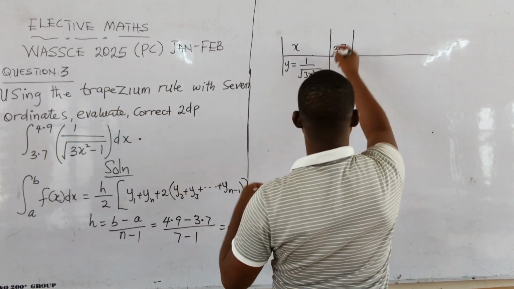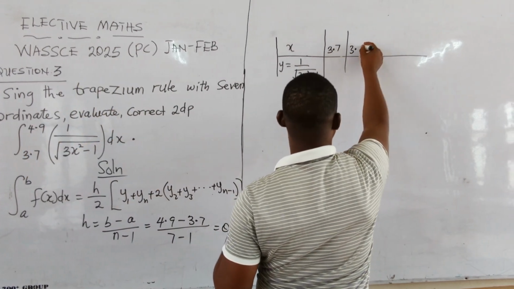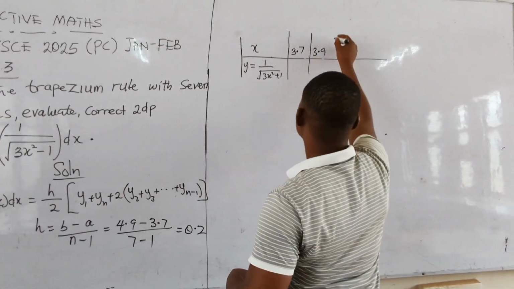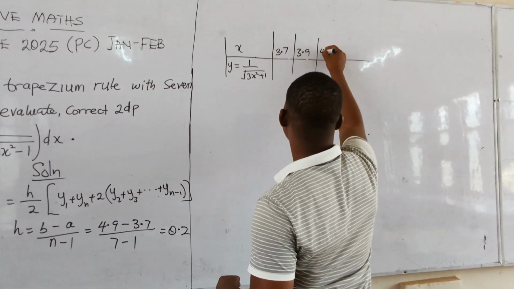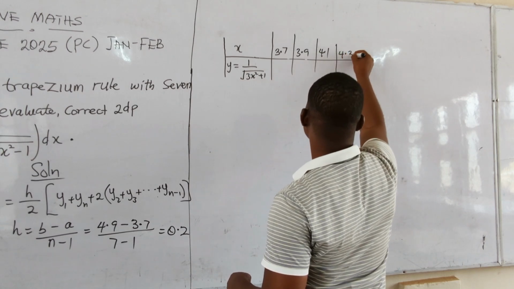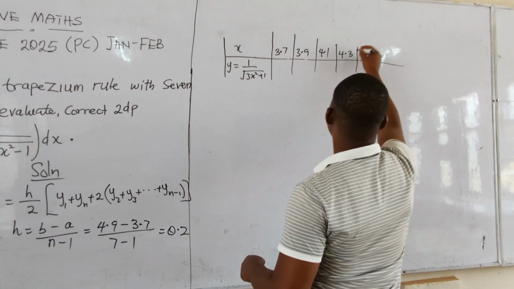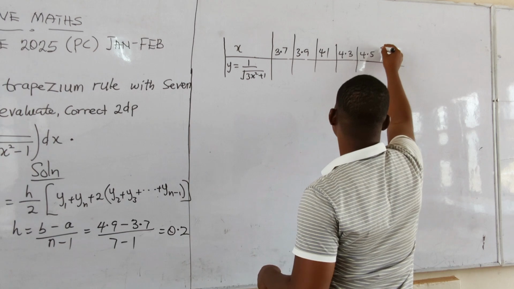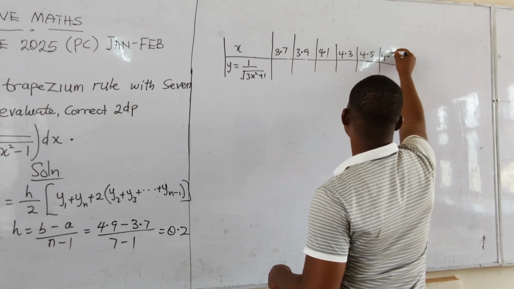So the next one will be 3.9. We are adding this to that. Next one, 4.1, plus 0.2, 4.3, 4.5, 4.7.